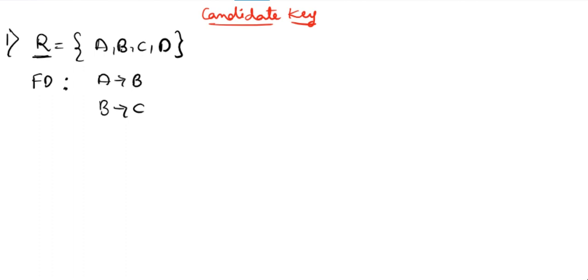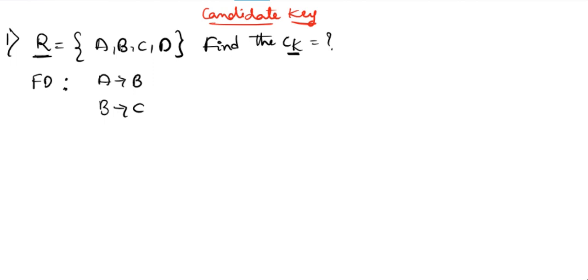So now we are finding the candidate key of this relation. Before finding the candidate key, what is a key? A key is an attribute or multiple attributes.